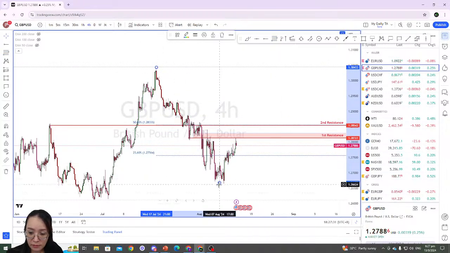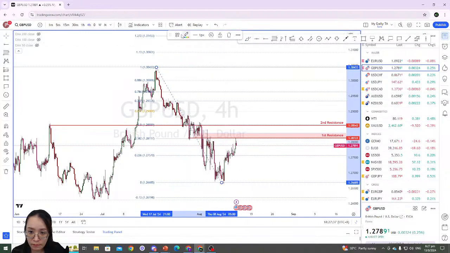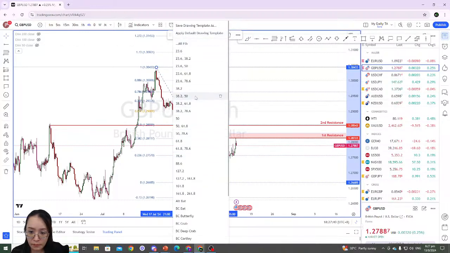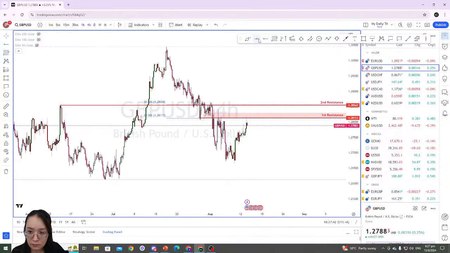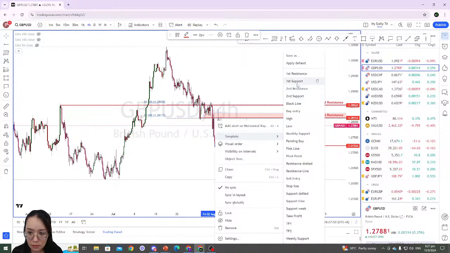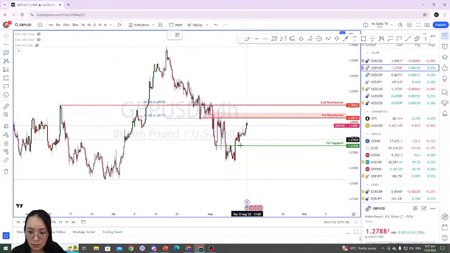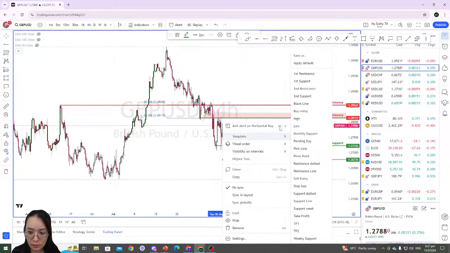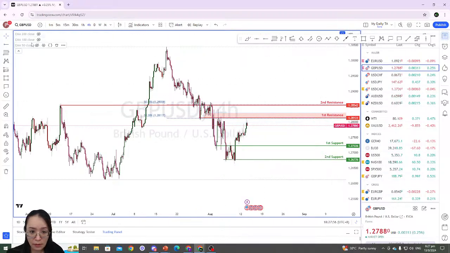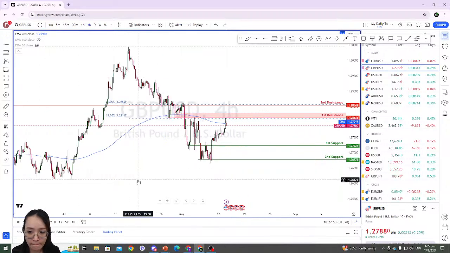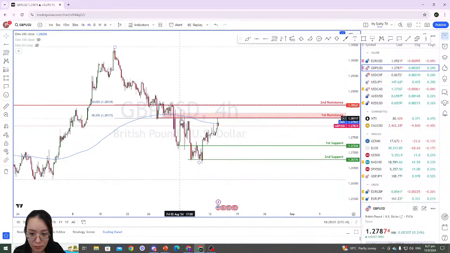I will identify the key level first, and I use Fibonacci. Support level. This is the support level. Break below, pull back.